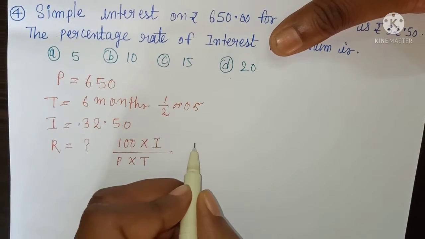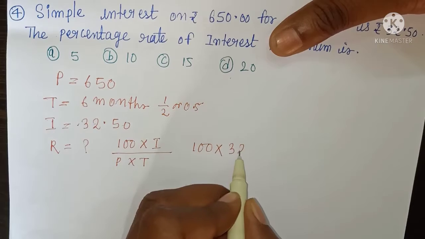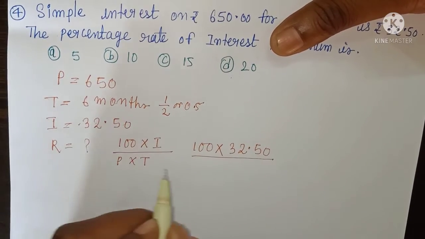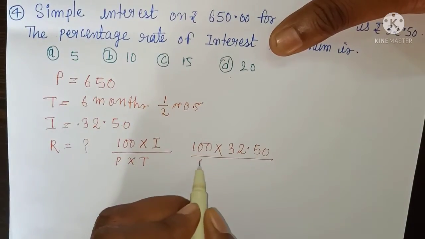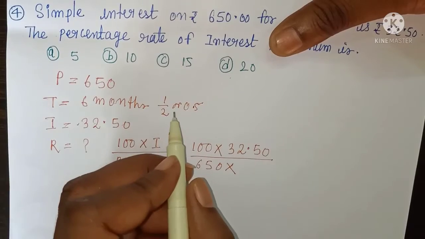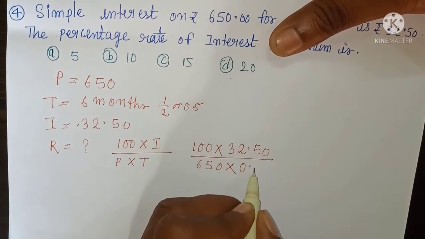So 100 into interest 32.50 divided by principal 650 and time 1 by 2. You can also write 0.5.